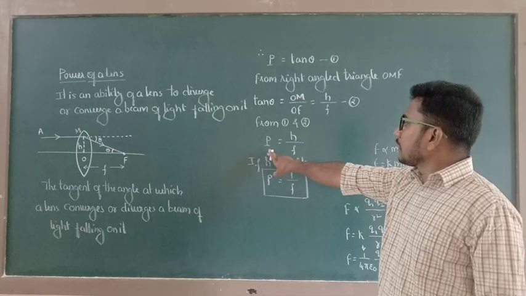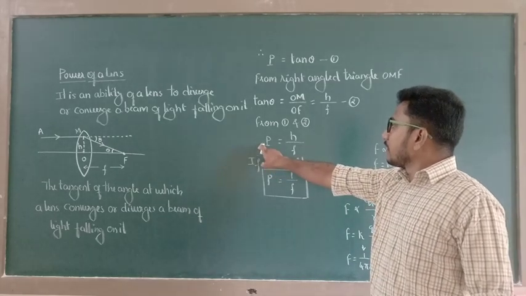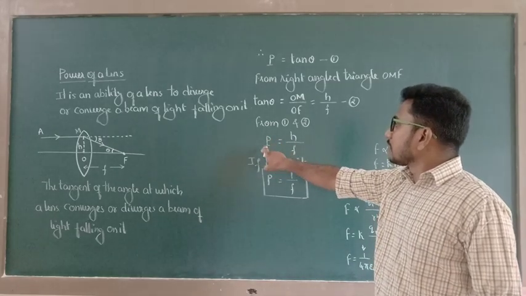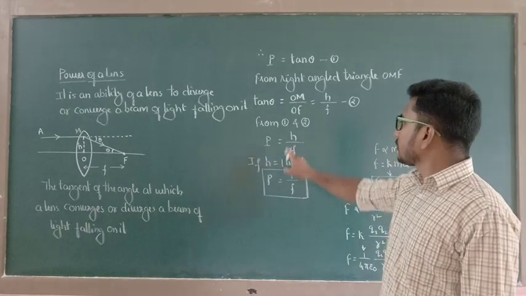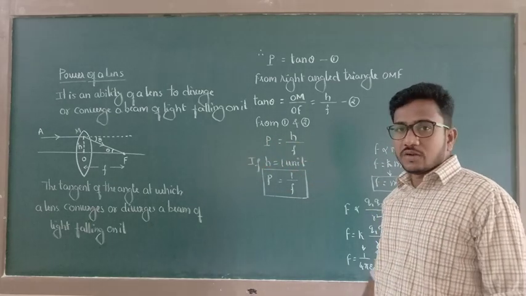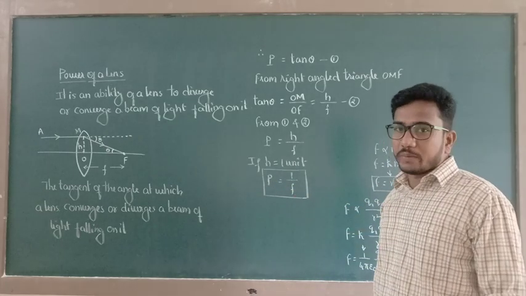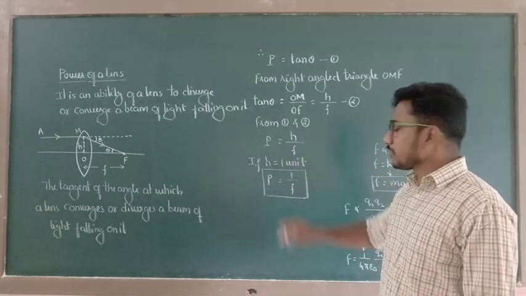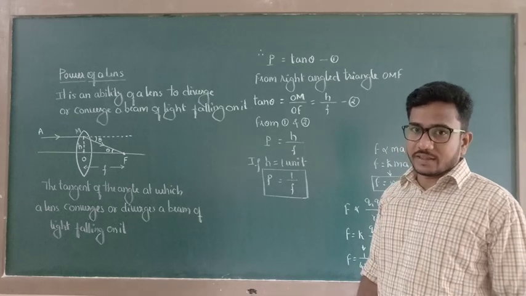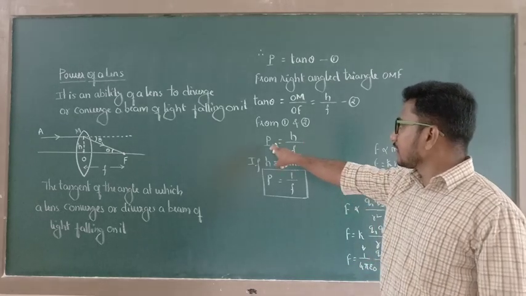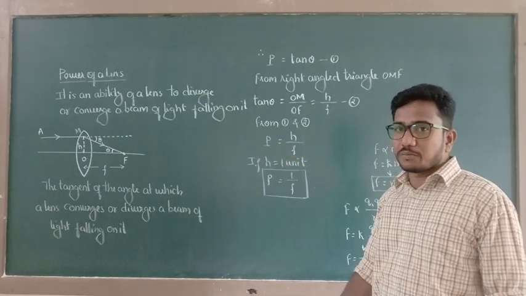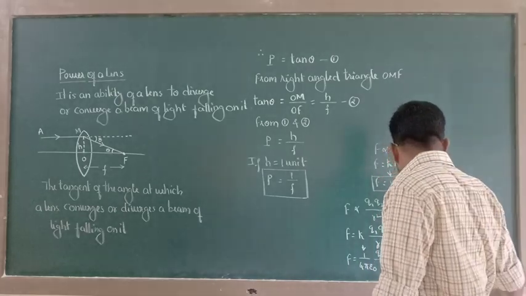Here, for the first time we are using power of the lens, and hence I take H equal to 1 unit. Then we get P is equal to 1 by F, or P is inversely proportional to focal length.